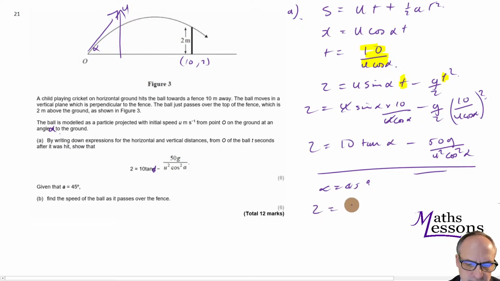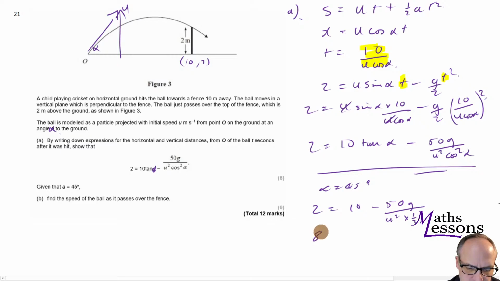So we get 2 equals 10 minus 50g over u squared, and then cos of 45 is root 2 over 2 squared. That will give me a half. And then I can take away the 10.